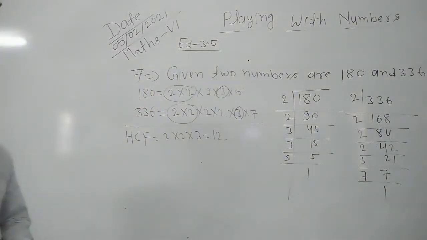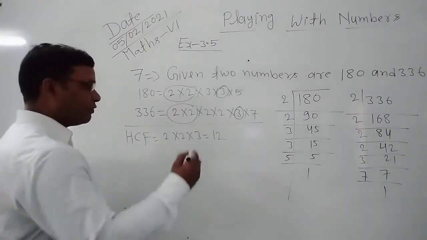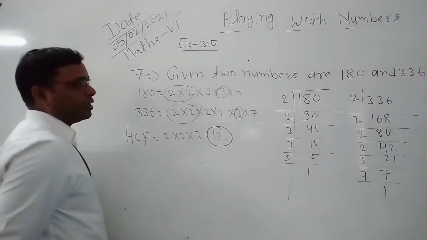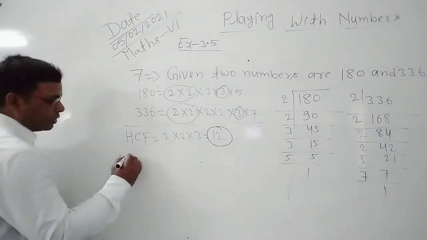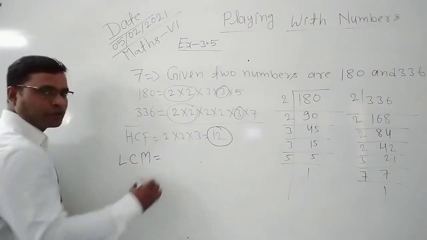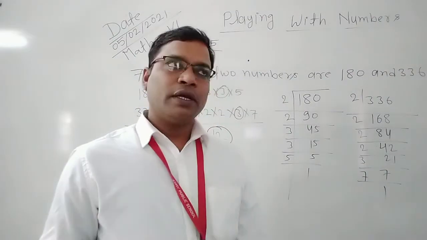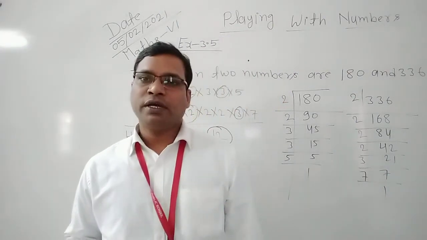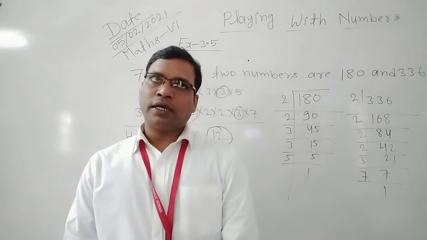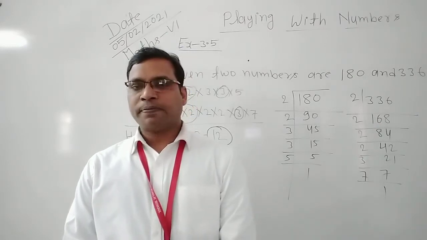Now you also need to find its LCM. So here we found the HCF. You know very well how to find the LCM. If two numbers are given and we also find their HCF, then the product of the two numbers divided by the HCF gives the LCM.